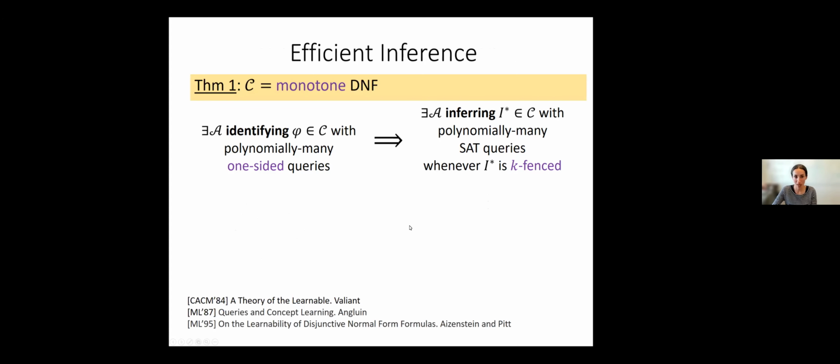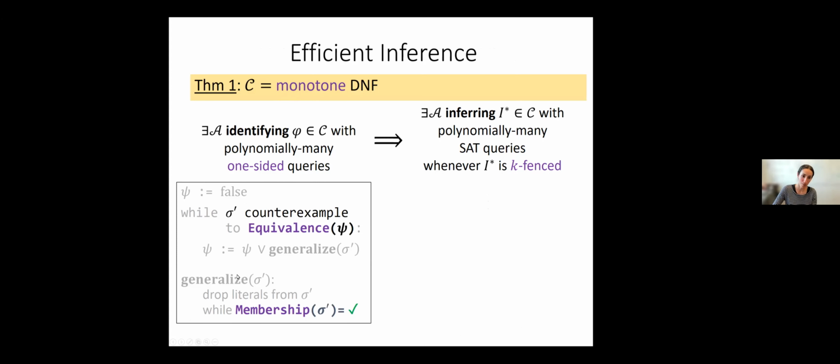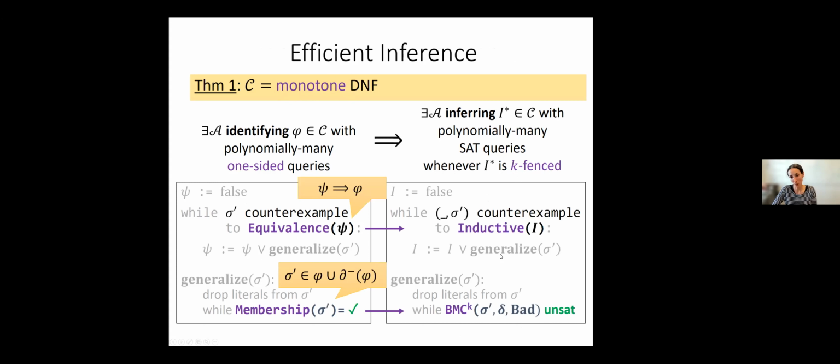And again, this applies specifically to the case of monotone DNF, where if we take this algorithm that I showed before, it's efficient for this class, and transforming it gives us the interpolation-based algorithm. So basically, we conclude that the interpolation-based algorithm is efficient for learning monotone DNF invariants that are k-fenced.